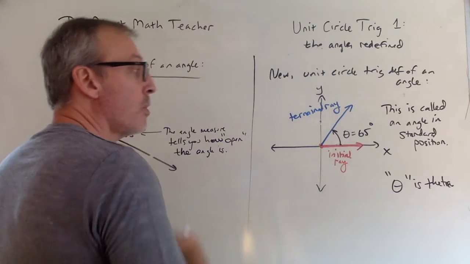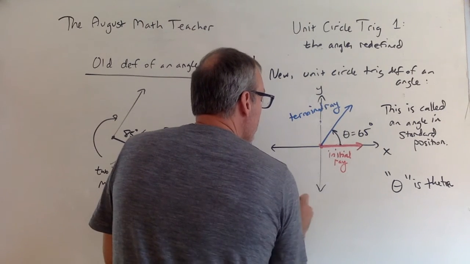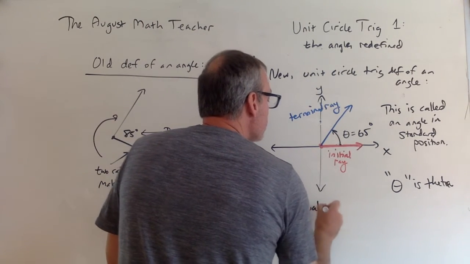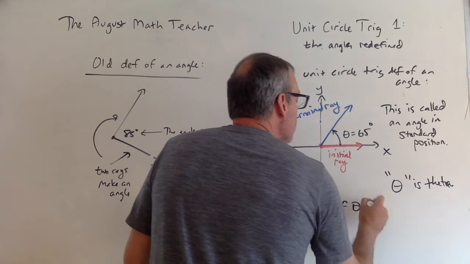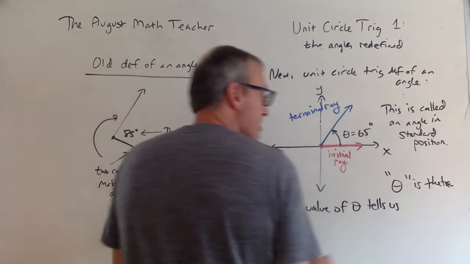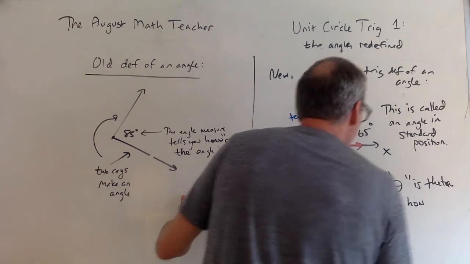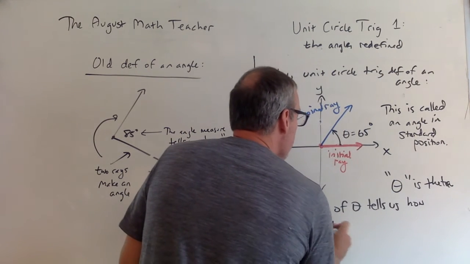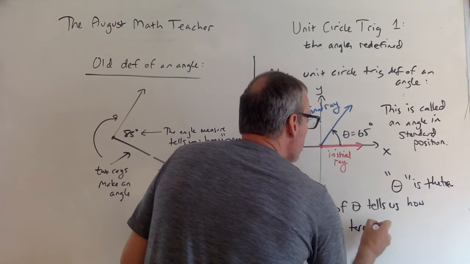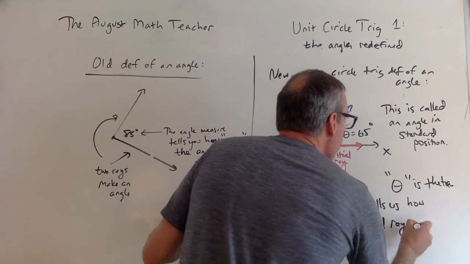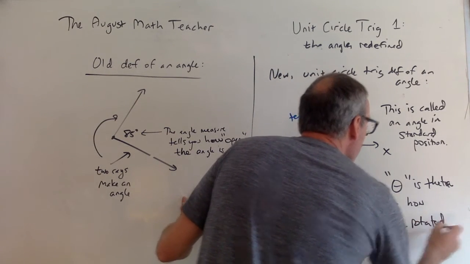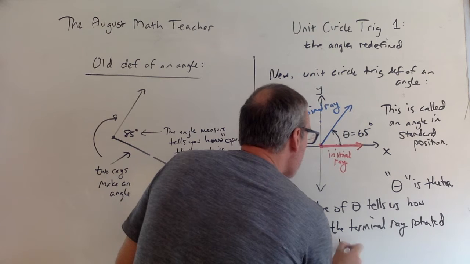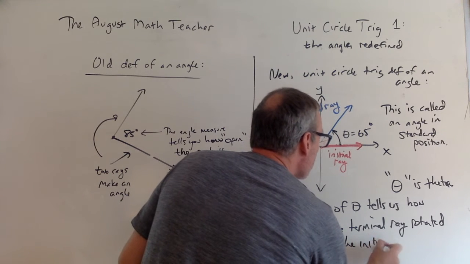And so what we're going to say is that the value of theta tells us in degrees how far the terminal ray rotated from the initial ray.